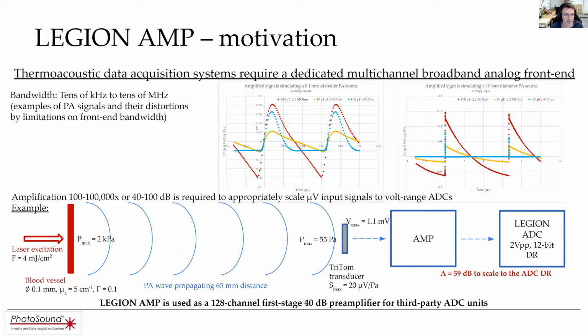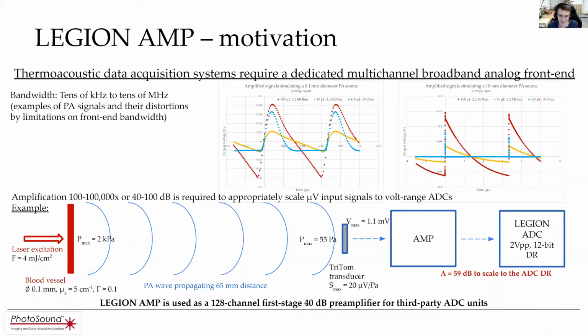Our Legion amp is 128 channels, and it is a flat 40 decibels of amplification. On the bottom here, we just have an example: a strong source with a rather large blood vessel. By the time the excitation generates an ultrasound wave and it propagates to our transducer, you end up with about 55 pascals of pressure, and you have a total conversion of 1.1 millivolts using that transducer.